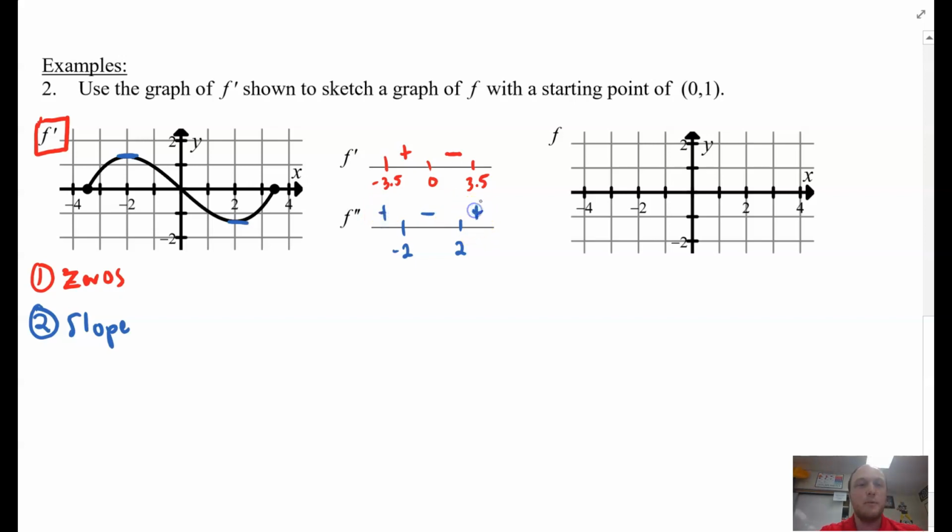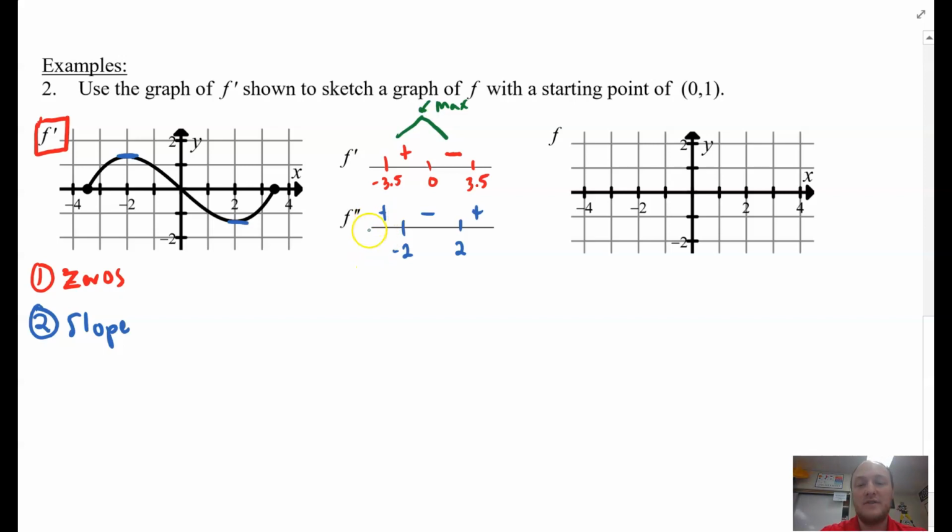Okay, now I'm going to go ahead and graph f, and I want to interpret these graphs, these sign number lines. So if f prime is positive, that means my function is increasing. If it's negative, it means it's decreasing. Okay, and right here, this tells me that this is a max. We went from positive to negative.